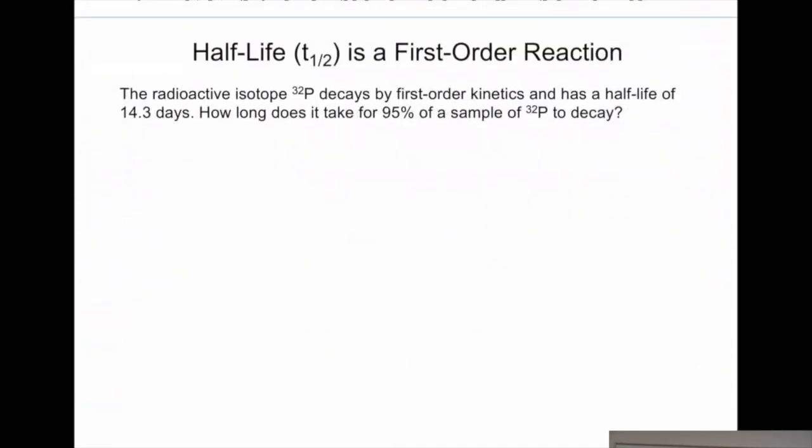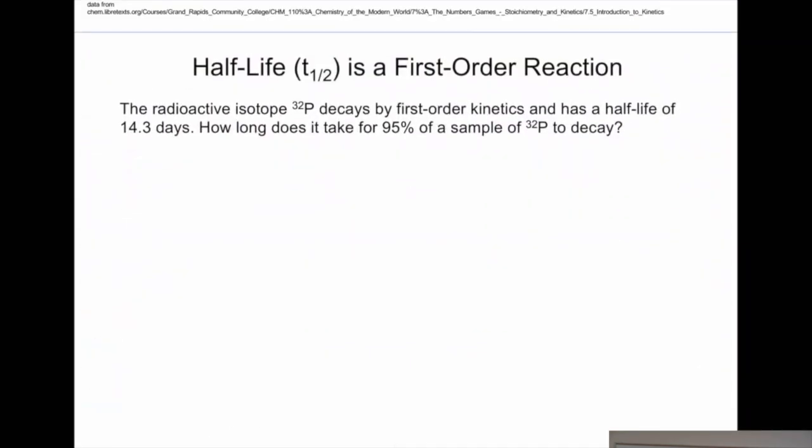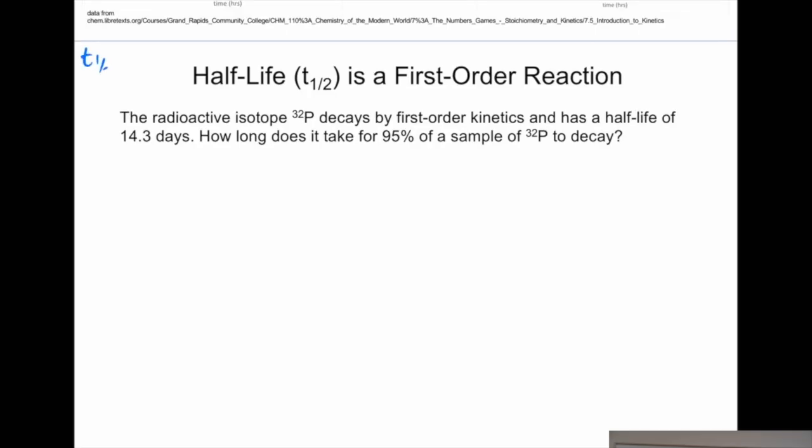So let me actually derive this for you really, really quickly. T half-life is equal to 0.693 divided by k. So this is all first-order rate kinetics.